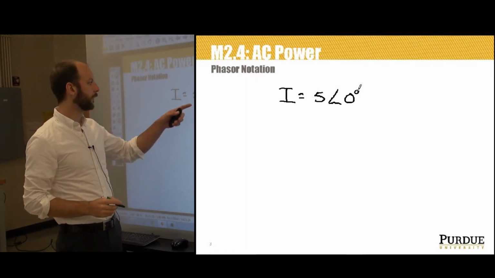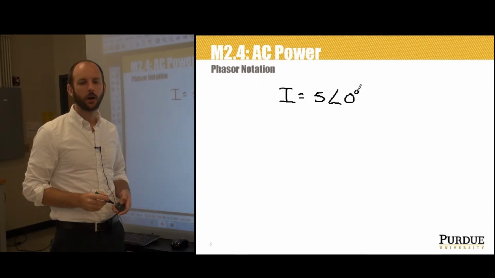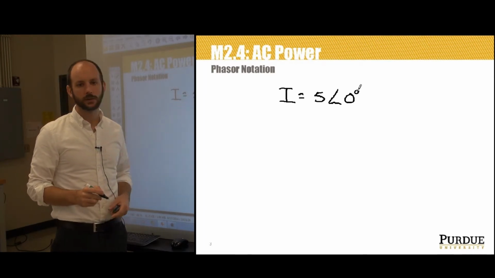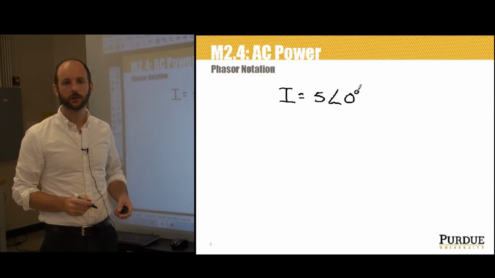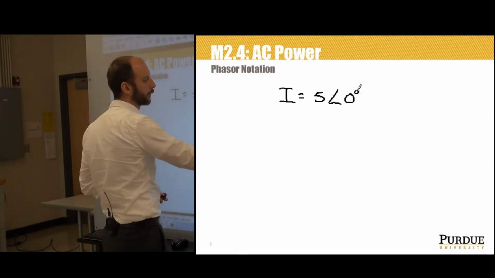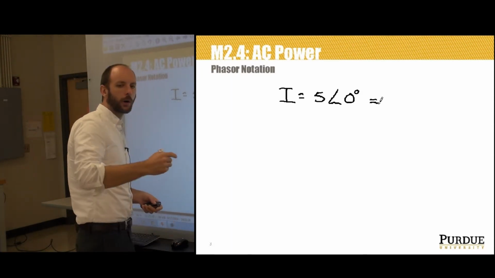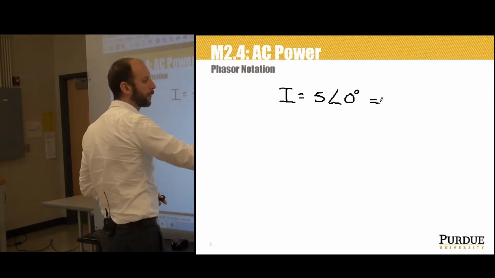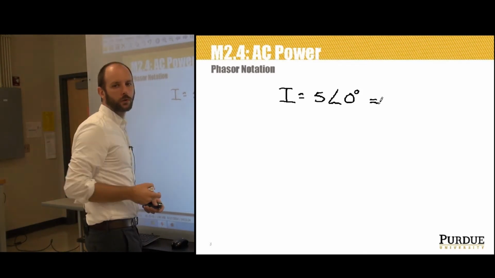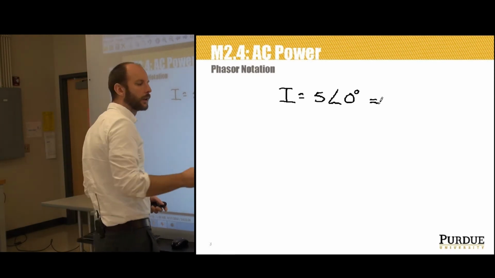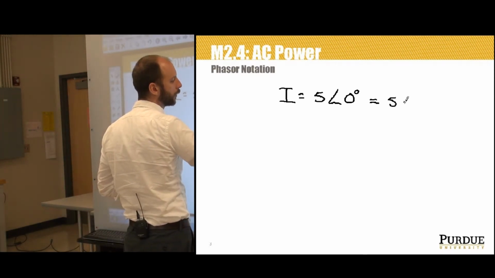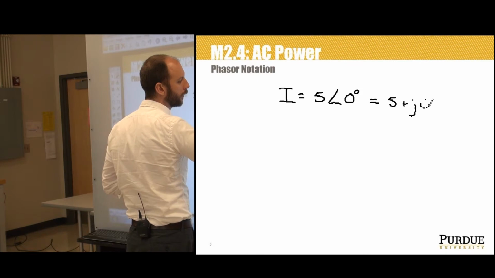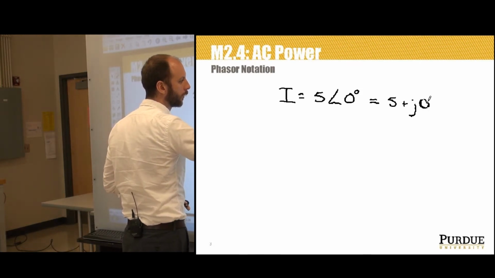So you'll notice that 5 is the RMS value and 0 is the angle because we've chosen it as the reference phasor. And you'll recall from our discussion about complex numbers and the different formats, we could represent this not only in polar notation, but also as 5 plus j0, right? 5 plus j0.